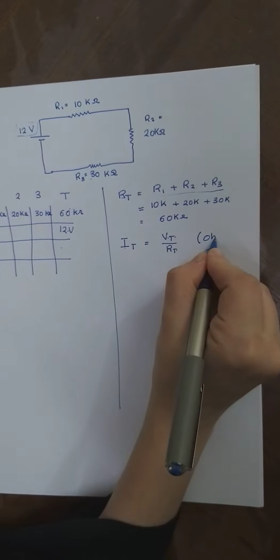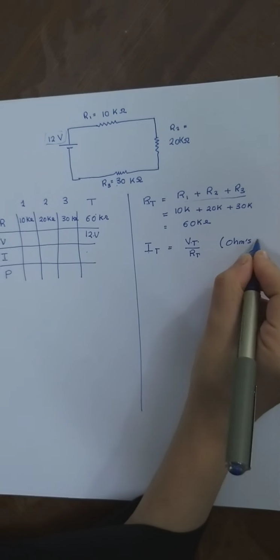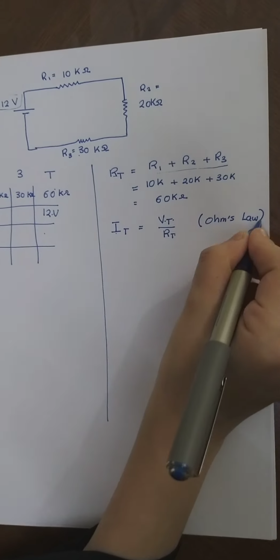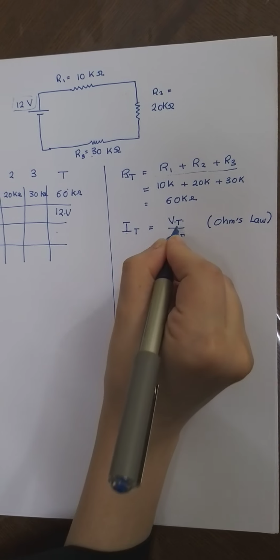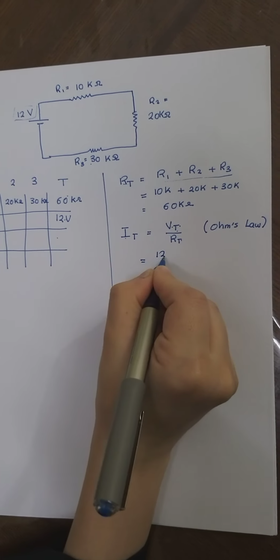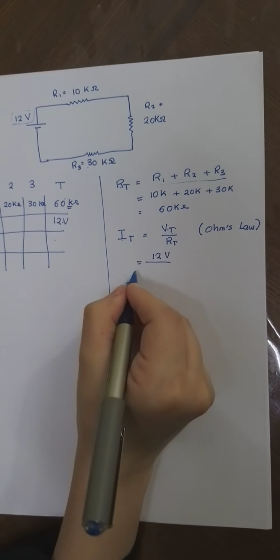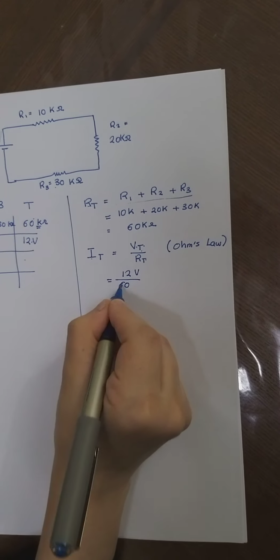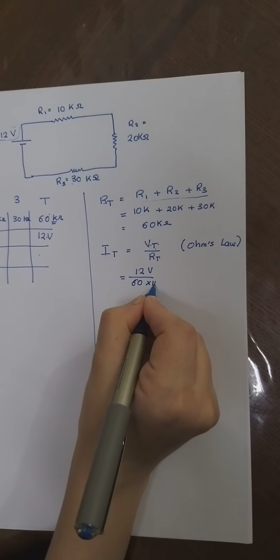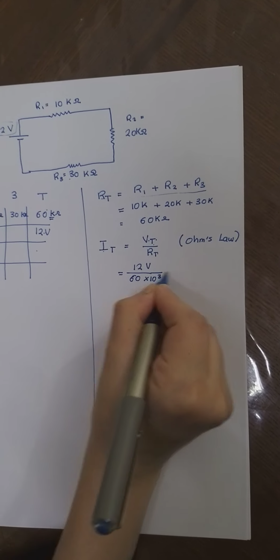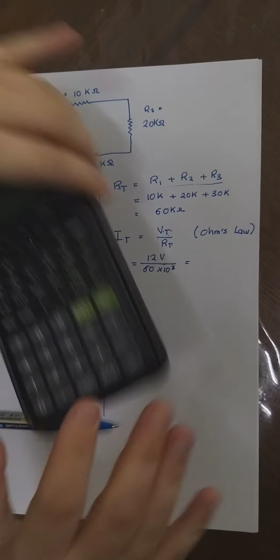This is Ohm's law. V total is 12 volt. R total is 60 kilo ohm. 60 kilo is 60 multiplied by 10 to the power of 3. How do we write this in the calculator?